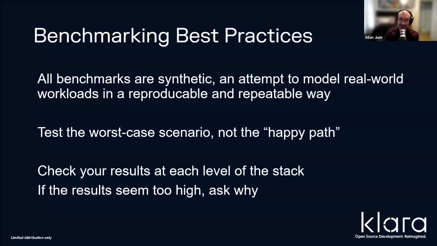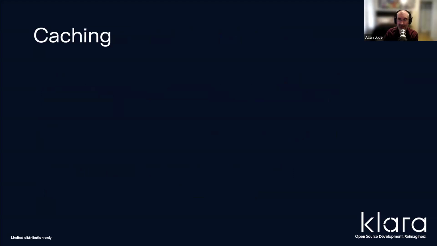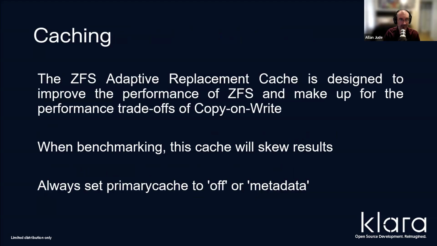So now, getting straight into caching and how that affects things. ZFS has an adaptive replacement cache, and it's designed to improve the performance of ZFS and make up for the performance trade-offs of copy on write.